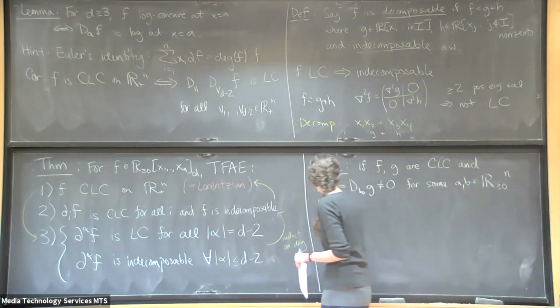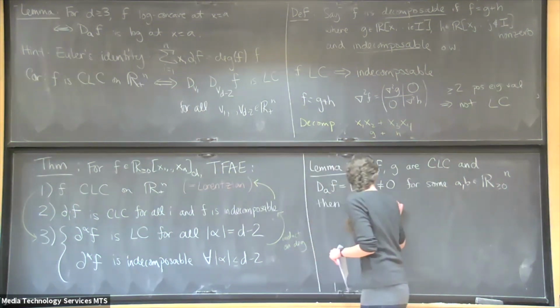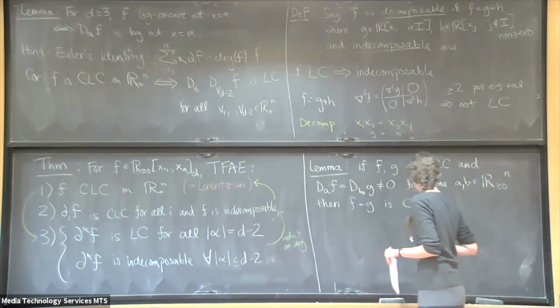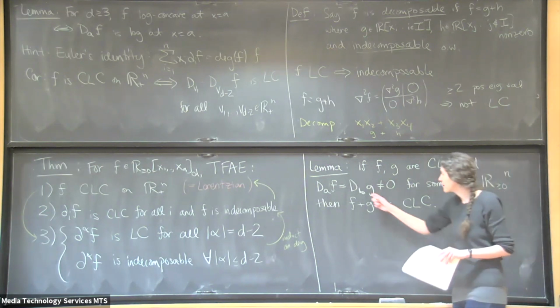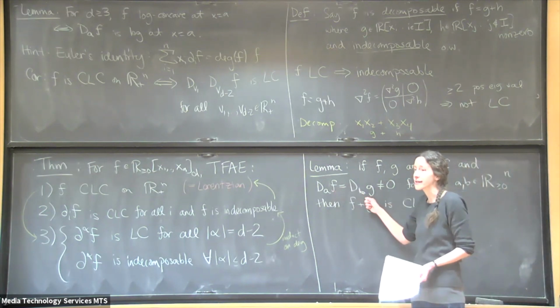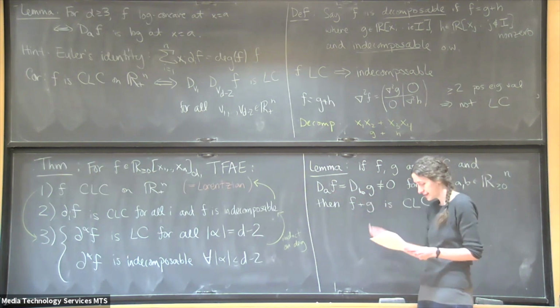Then the sum is too. If you can manage to find two directional derivatives that are the same, which is a pretty strong condition, then you're allowed to add these two.